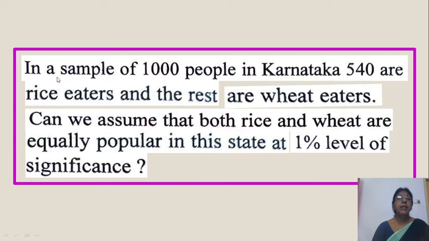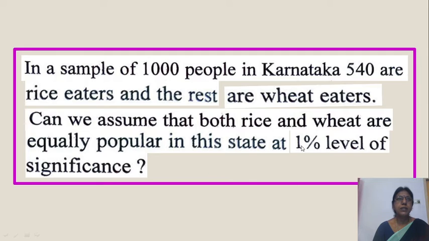Next problem. In a sample of 1000 people in Karnataka, 540 are rice eaters and the rest are wheat eaters. Can we assume that both rice and wheat eaters are equally popular in this state at 1% level of significance? Level of significance means alpha value.